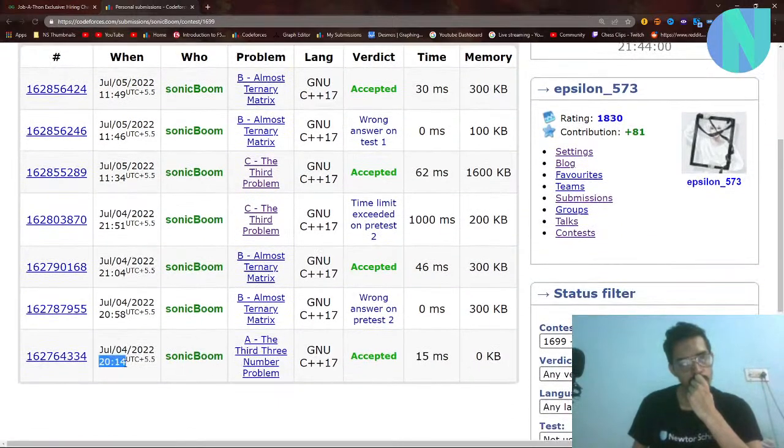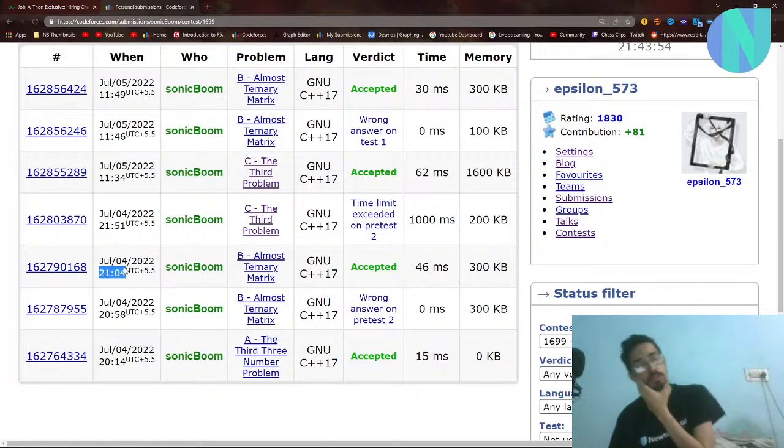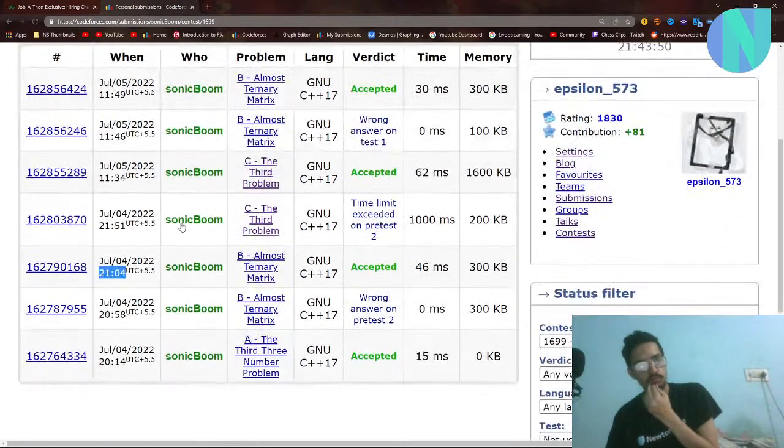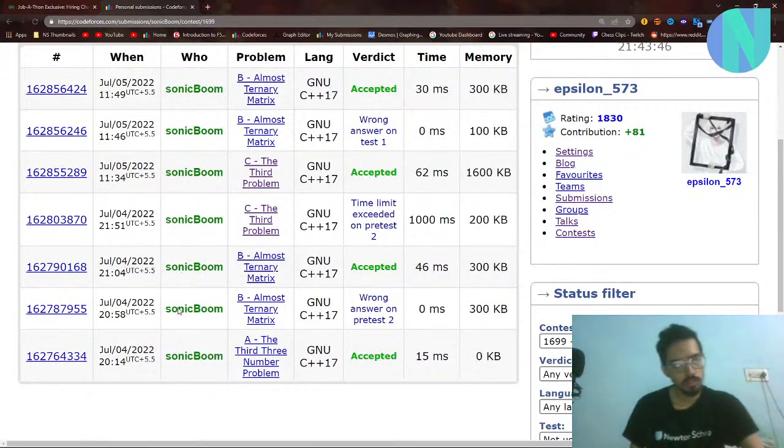So you solved the first problem, and for the second problem you took almost 1 hour. That's too much to solve problem B of a Div 2. That is during the contest, right?